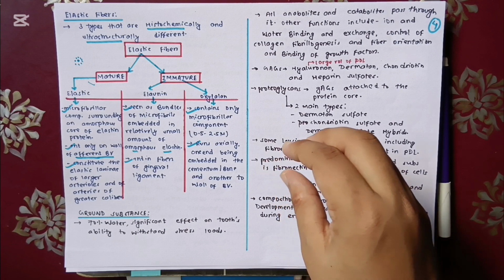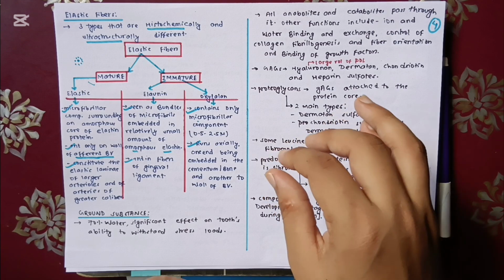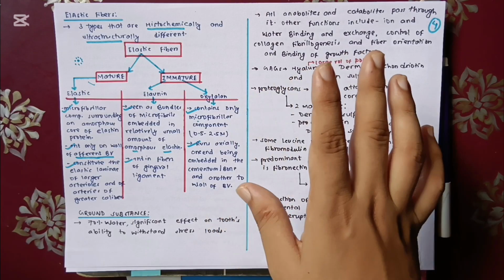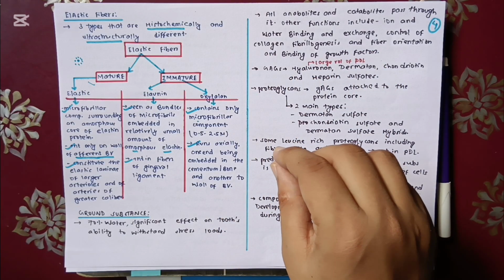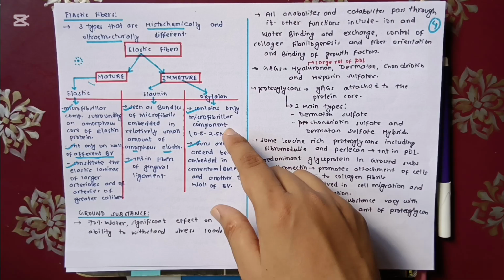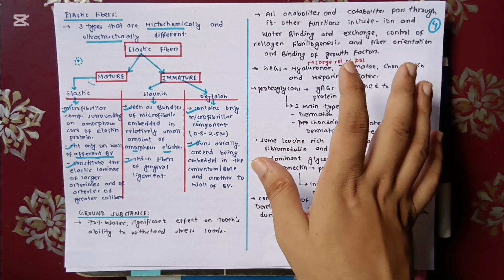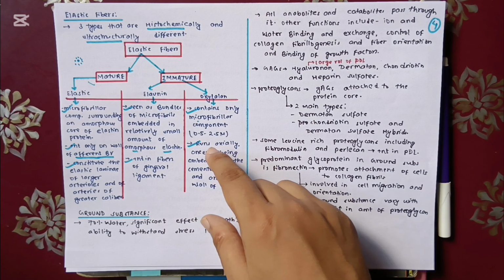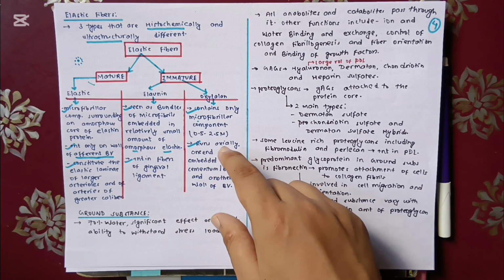In elaunin, the bundles of microfibrils are embedded in the elastin protein, not just surrounding it. In oxytalan there is no elastin protein, just a microfibrillar component of 0.5 to 2.5 micrometers in diameter.